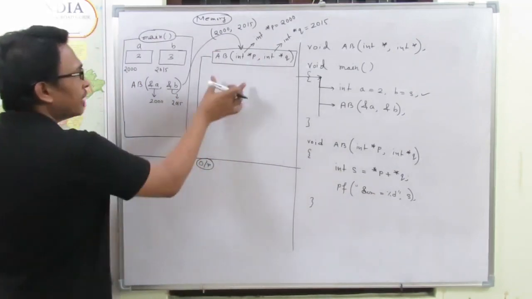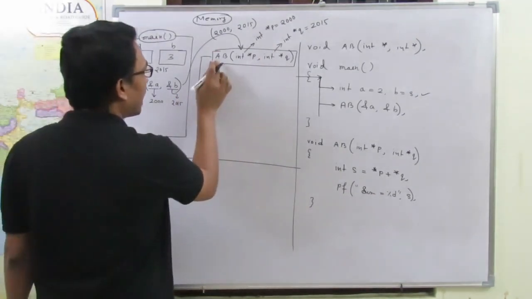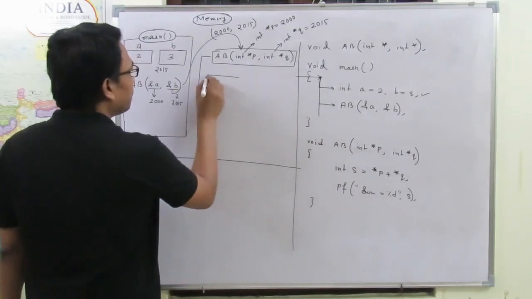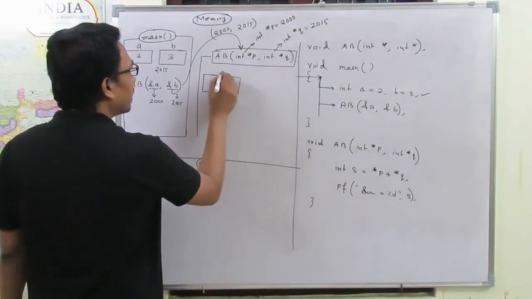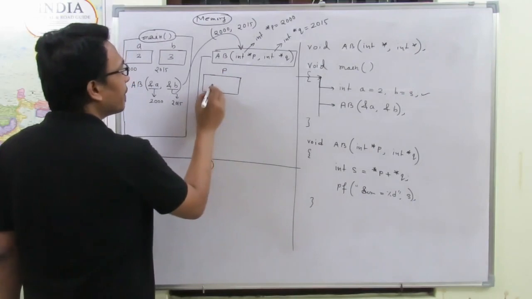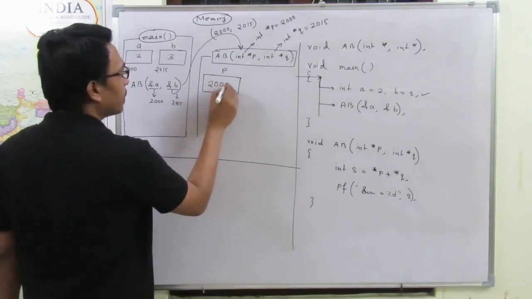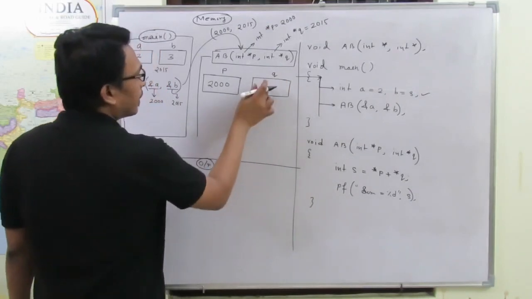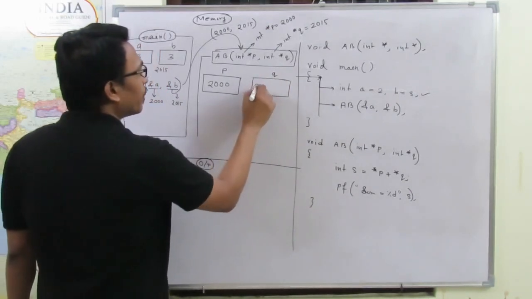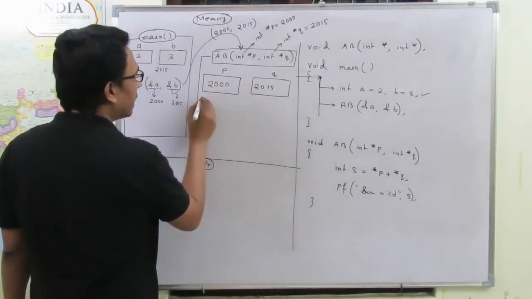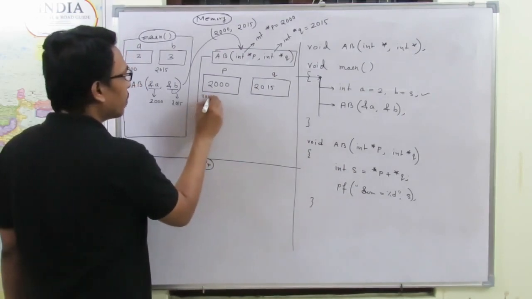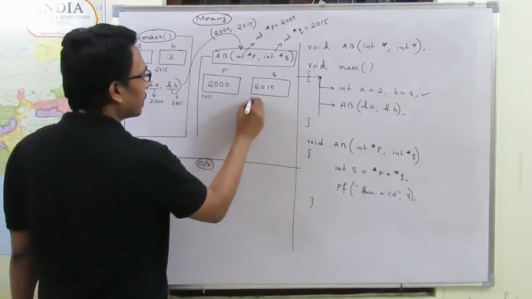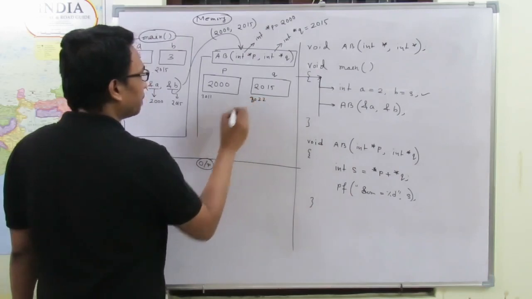Now inside this memory block of the ab function, one pointer variable is there, p, and the content of p will be 2000. Another pointer variable is there, q, the content of q will be 2015. Let's say the address of p is 3011, the address of q is 3022.